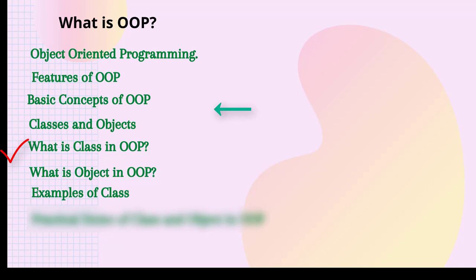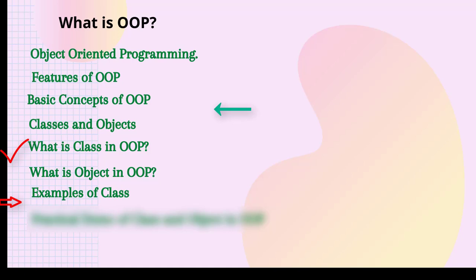Here we take an example of a human being, like a person. A person has height, date of birth, color, weight. These are the attributes or features of a person. And what are the methods?